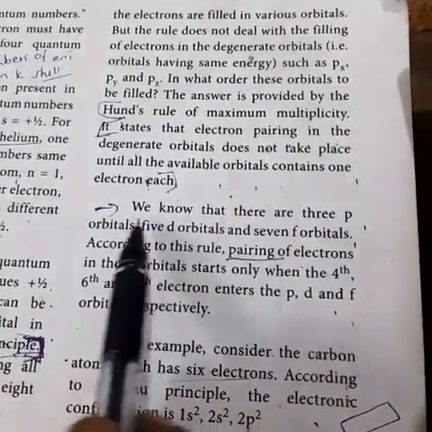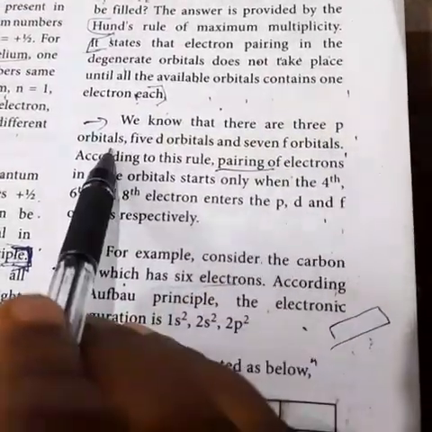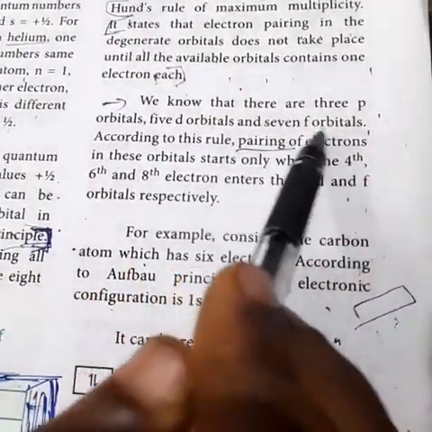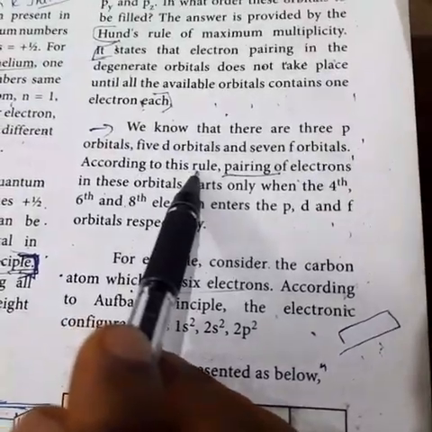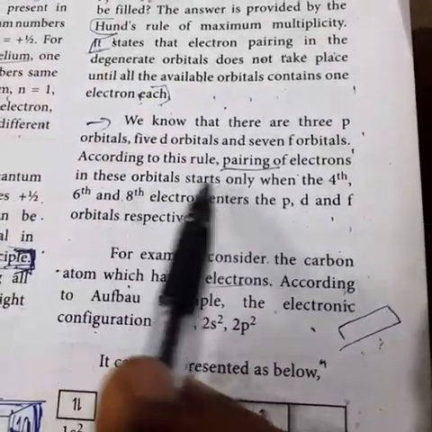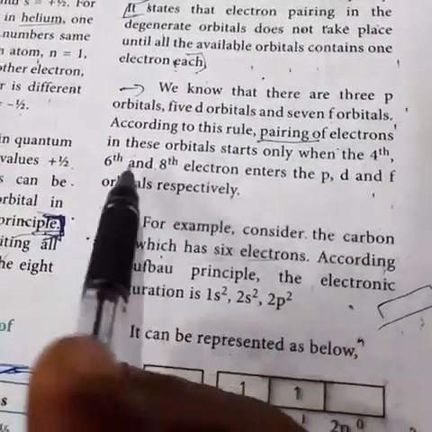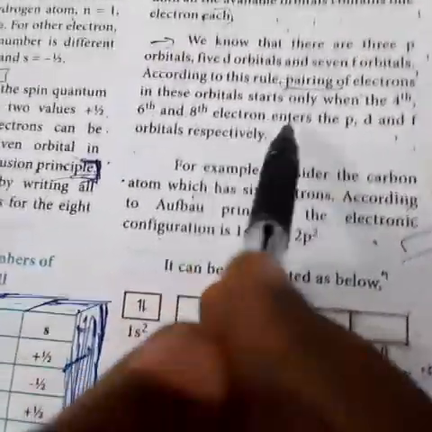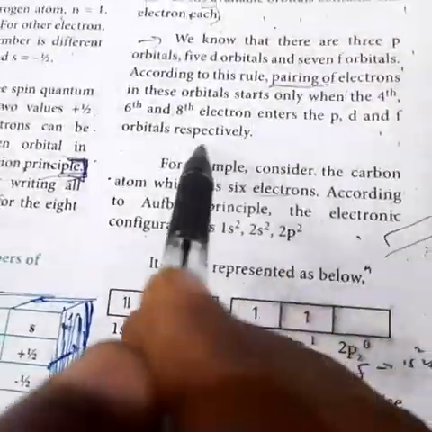We know that there are 3 p orbitals, 5 d orbitals and 7 f orbitals. According to this rule, pairing of electrons in these orbitals starts only when the 4th, 6th and 8th electron enters the p, d and f orbitals respectively.